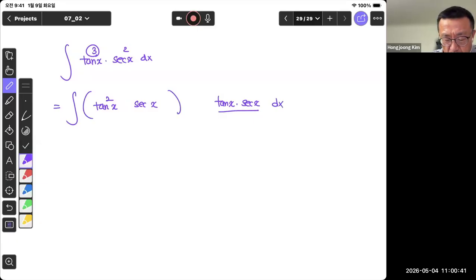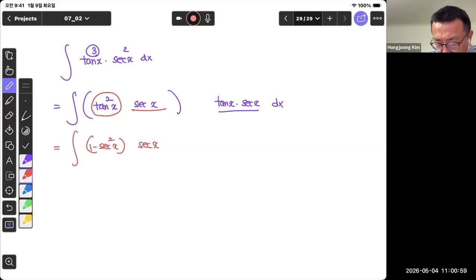The next step is to replace this tangent x squared by 1 minus secant x squared. So that is 1 minus secant x squared times secant x multiplied by tangent x secant x dx.